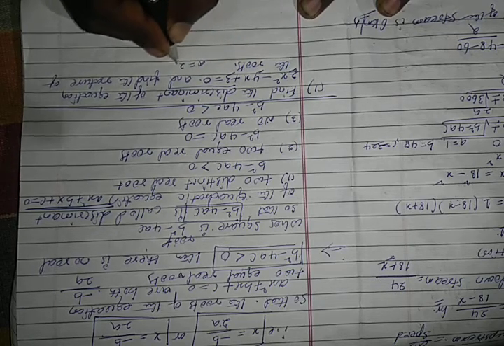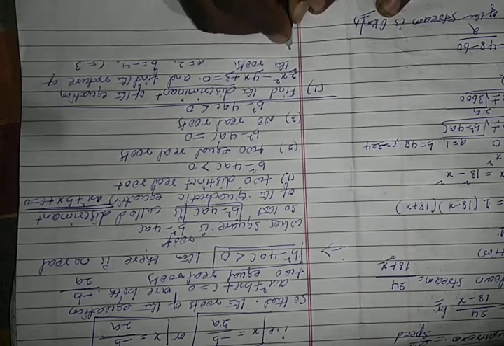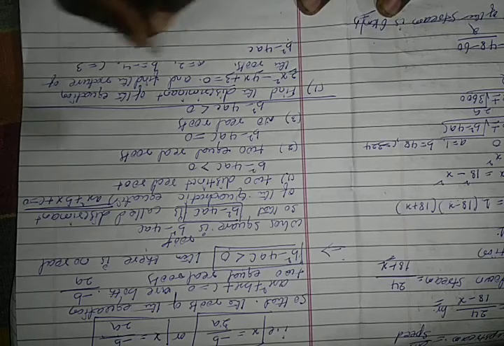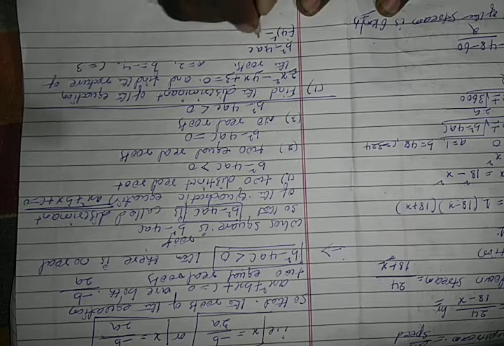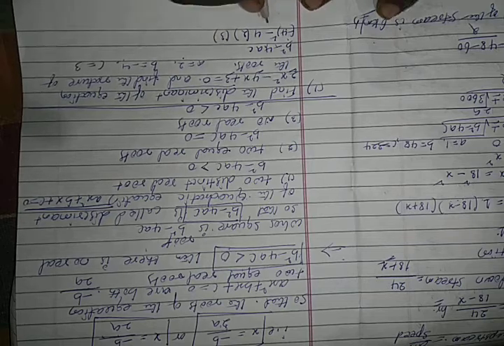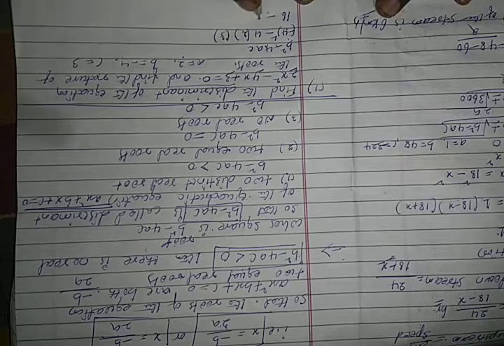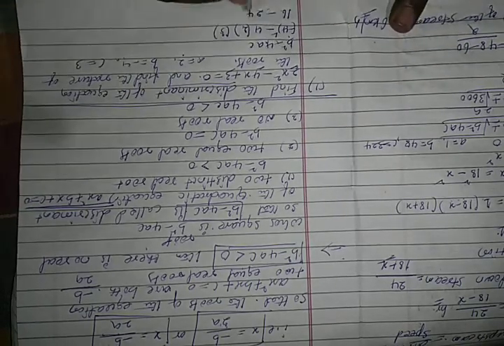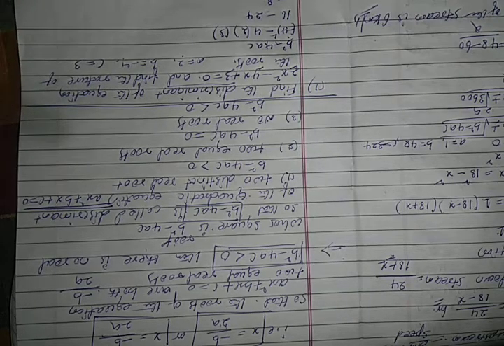Then the discriminant formula b square minus 4ac: b square is minus 4 square, and a is 2 and c is 3. 4 square is 16, minus 4 times 2 is 8, 8 times 3 is 24. 16 minus 24 is minus 8.